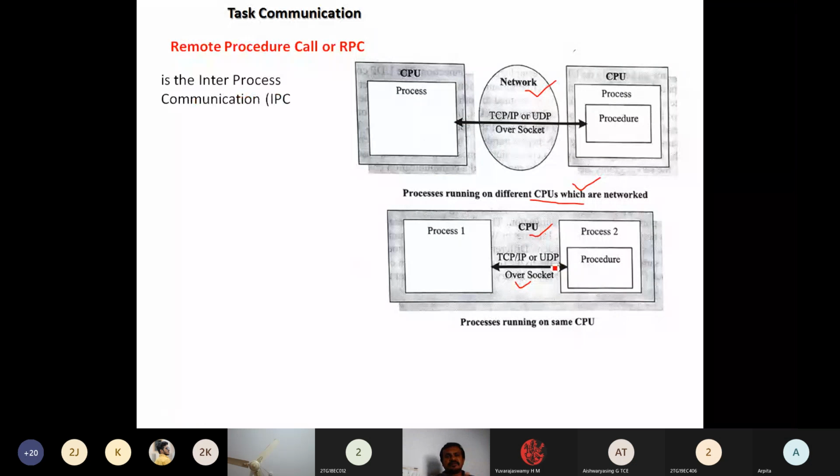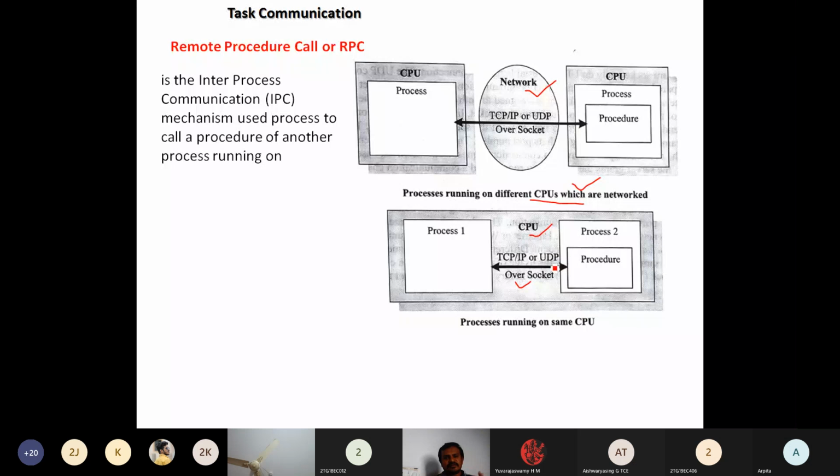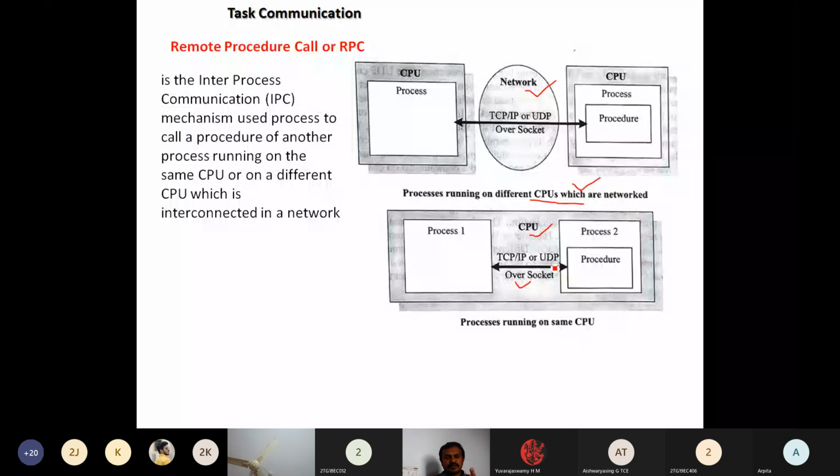This RPC is the inter-process communication mechanism used by a process to call a procedure of another process running on the same CPU or on a different CPU which is interconnected in a network, because these processes are kept in a remote area. It may be within the CPU or on the internet. RPC is mainly used for distributed applications like client server applications.